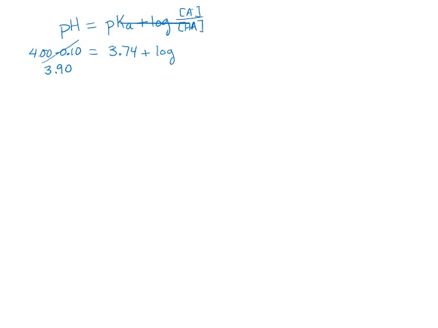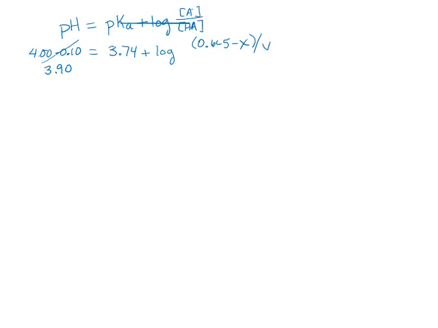What are we going to put in for the concentrations of the A minus and HA? Remember, the A minus would be the formate part of the buffer. And the expression that we had for the formate was 0.645 moles minus X. That's the moles, so we're going to have to divide by the total volume of the solution.